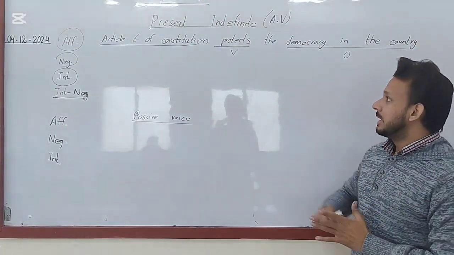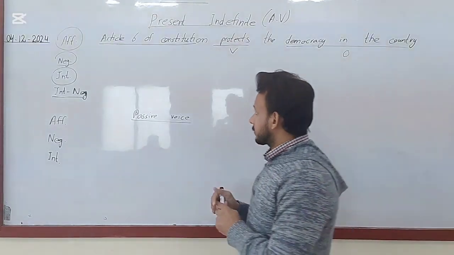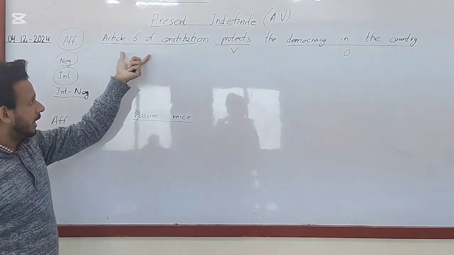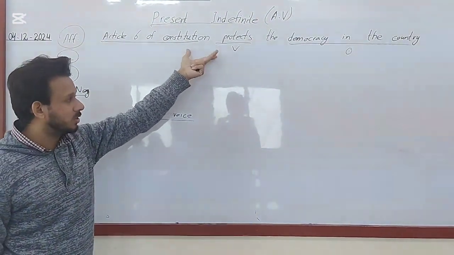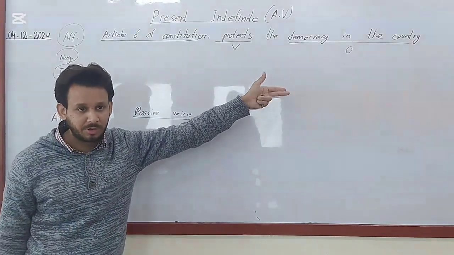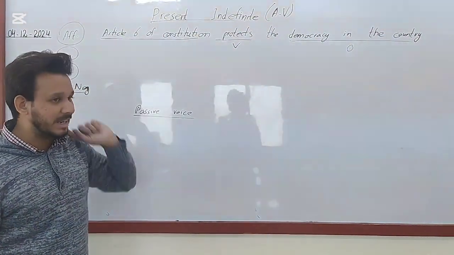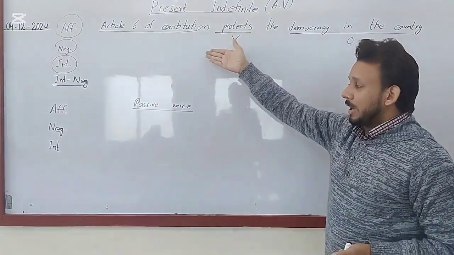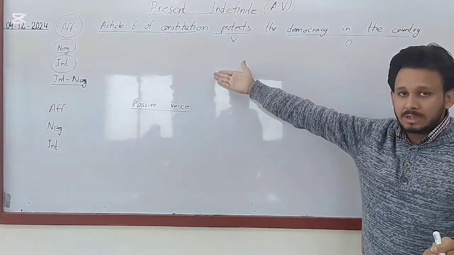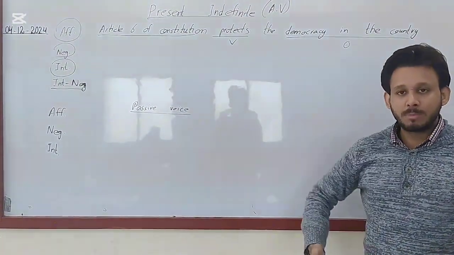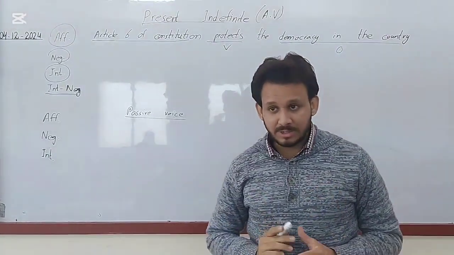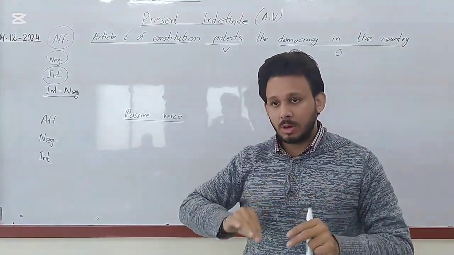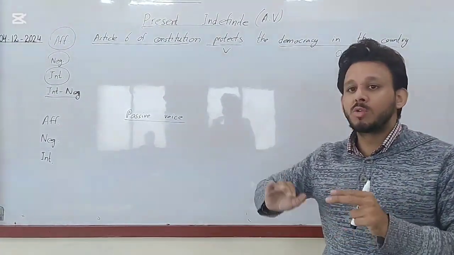For example, in this tense, I have just mentioned that Article 6 of the Constitution protects the democracy of the country. In this particular sentence, no question is being asked, nothing is being stated in negative, it's simply a statement. So this is the affirmative type of the sentence. In every sentence, there are almost two or three kinds of words that are always there.